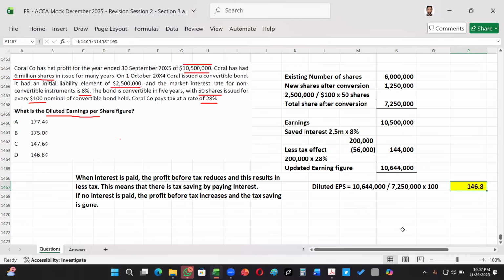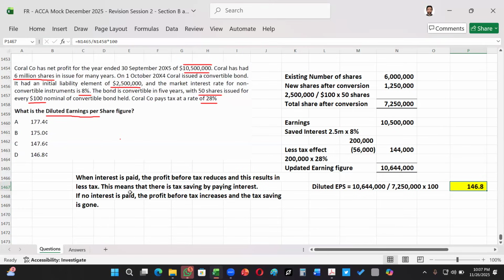Okay. So you see, in this part, the trick was in the interest saving. Okay. And I told you when we save the interest, it is not the whole interest saved, because the tax effect will reduce the interest saving. And I wrote the whole logic behind it.